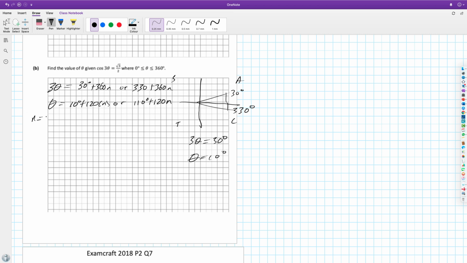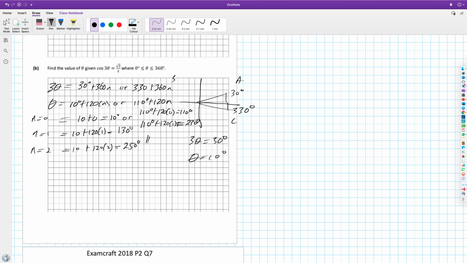N equals 0, that's 10 plus 0, equals 10 degrees. Or n equal to 1 is equal to 10 plus 120 times 1, which is 130 degrees. N equals 2 is equal to 10 plus 120 times 2, which is 250 degrees. Over here then, that's 110 degrees plus 120 times 0, which is 110 degrees. 110 degrees plus 120 times 1, which is equal to 230 degrees.